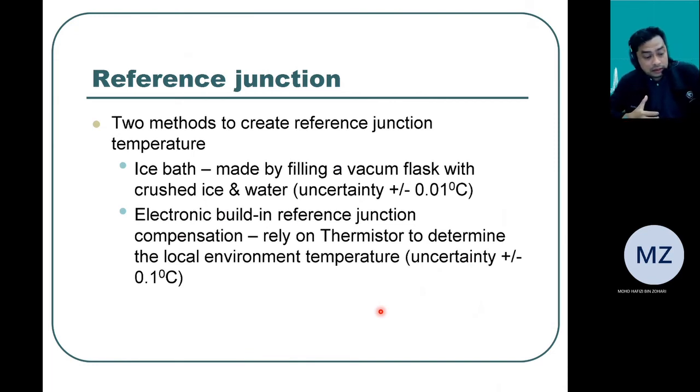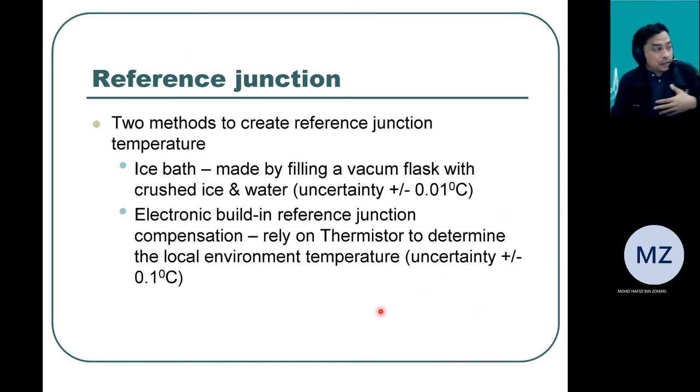If you look at this slide, if you use an ice bath, it's about 0.01 degrees C uncertainty, which means if you measure something, it may fluctuate about 0.01 degrees C. But if you use environmental temperature with a thermistor, it will fluctuate about 0.1 degrees C. So that's why we prefer to use an ice bath for research.